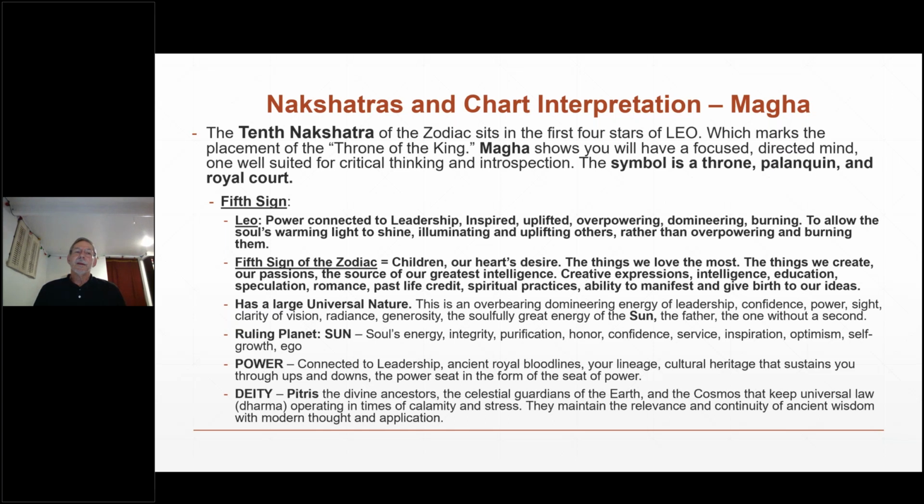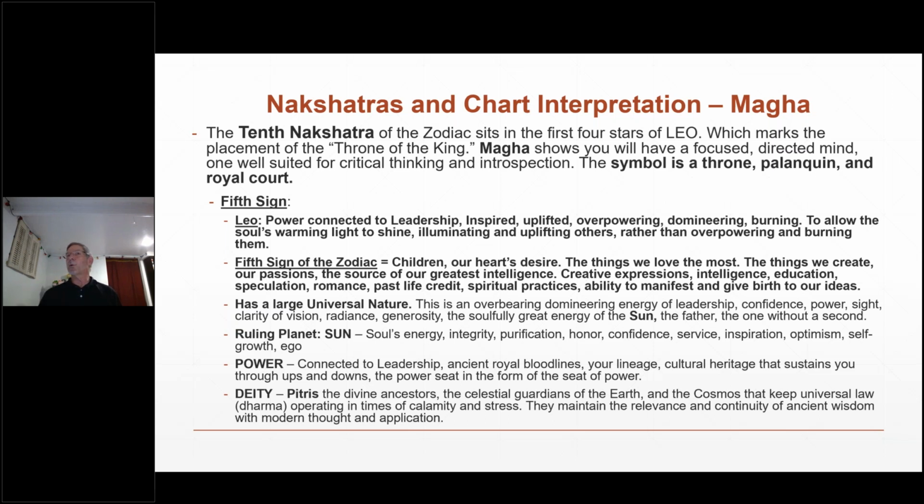Now, there's a couple interesting things of this, and I like to pay attention to the numbers because here it is in the 5th sign, but it's the 10th nakshatra, which is about impacting the world. When you look at 10th house issues, they're about worldly issues and what's our purpose in that.